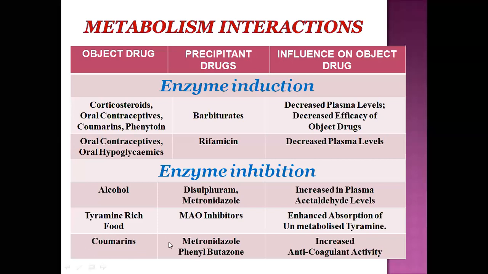When coumarin derivatives are combined with the drugs metronidazole or phenylbutazone, they increase the anticoagulant activity. These are some examples of metabolism interactions, either enzyme induction or enzyme inhibition.